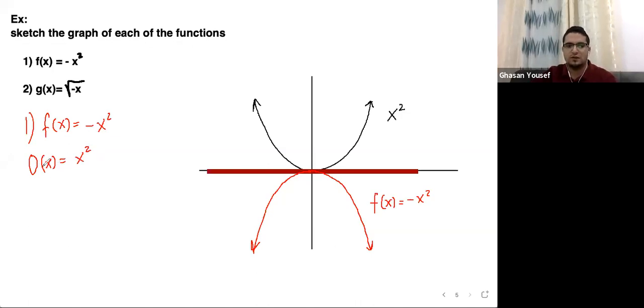What should we do for the original function O of x equal x squared to make it something like this, minus x squared? Multiply by what? Multiply both sides by what?